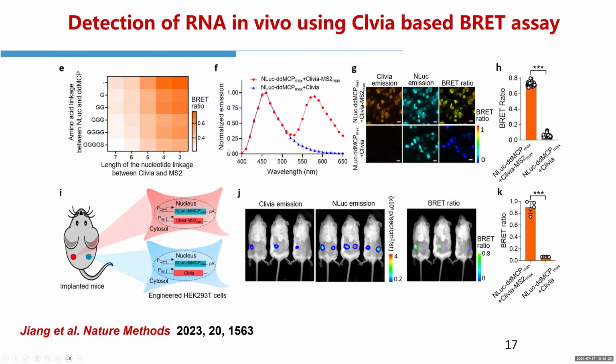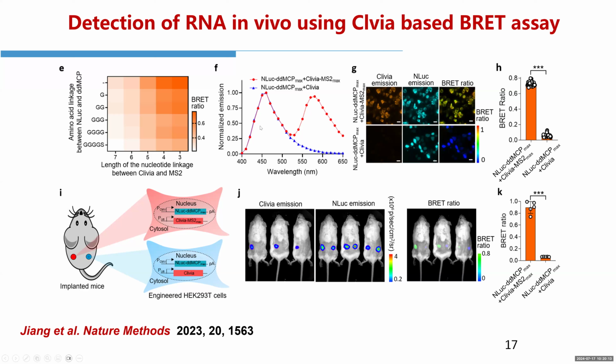So if a Cleaver RNA and a NanoLuc protein are in close proximity, the excited state of the oxidized reaction product at the NanoLuc active site would be transferred to excite Cleaver by this BRET phenomenon. This provides a novel method for real-time detection of RNA-protein interactions. So we engineered the MCP protein to optimize the BRET between a NanoLuc-MCP fusion protein and MS2-Cleaver fusion.